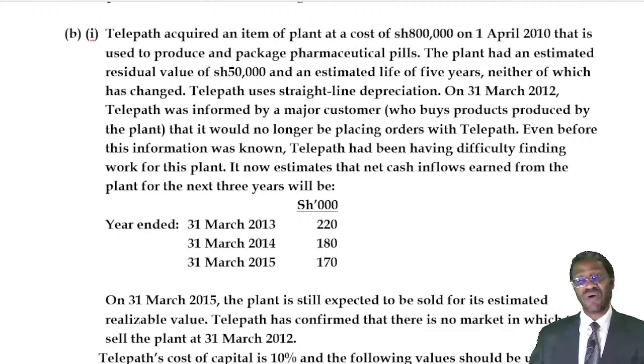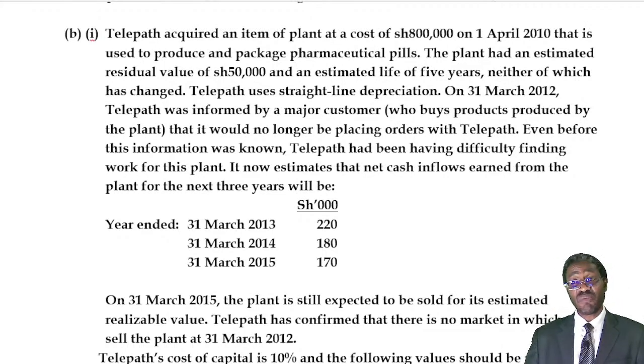So, listen, 2010 being the year we bought on 1st April, it looks like the year ends in March. So the first year went on from April 2010 until 31st March 2011. The second year went on from 31st March 2011 to 31st March 2012.